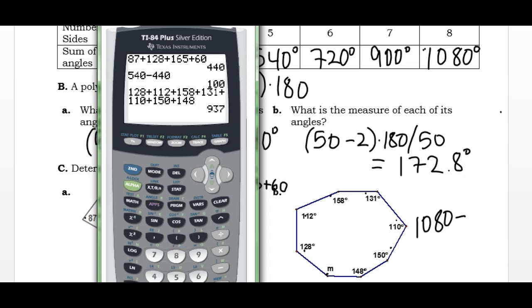So I have 937 degrees so far. If I do the 1080 that I should have on an 8-sided polygon, take away the 937 I have so far, that tells me my last answer for letter M is 143 degrees.